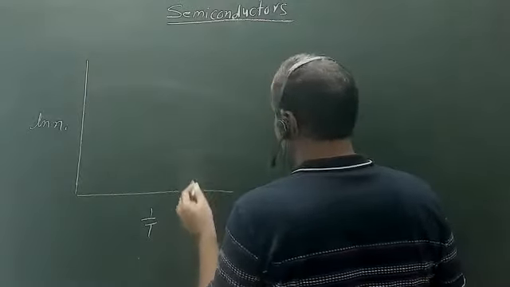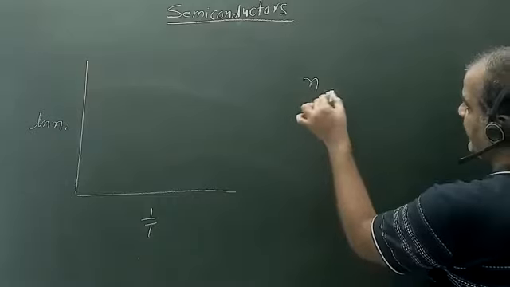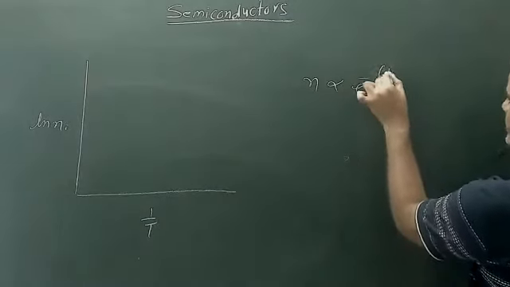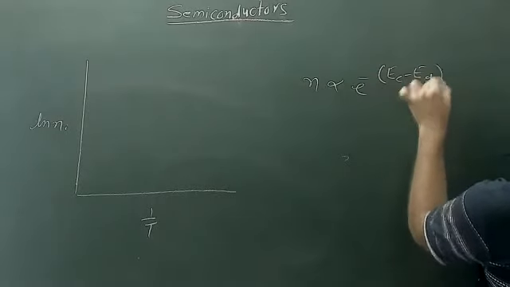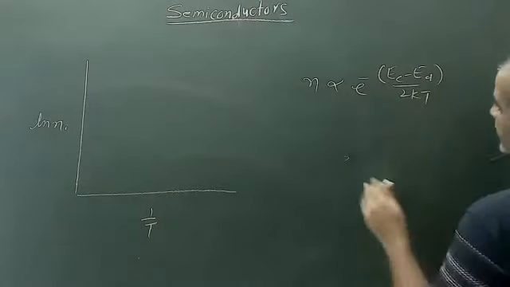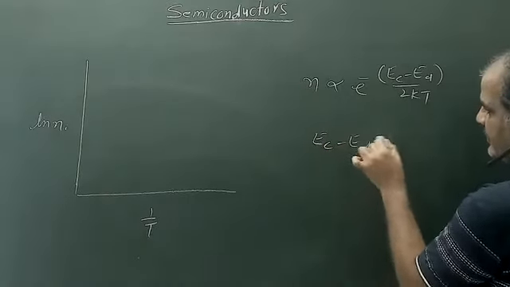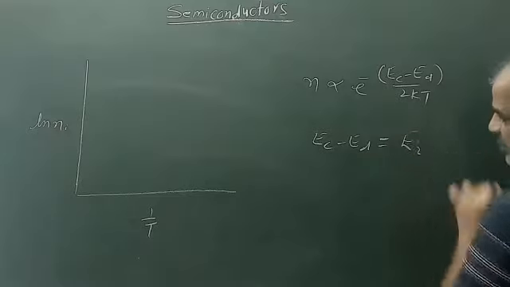At low temperature, n is proportional to e to the power (Ec − Ed)/2kT, and this Ec − Ed is nothing but the ionization energy.